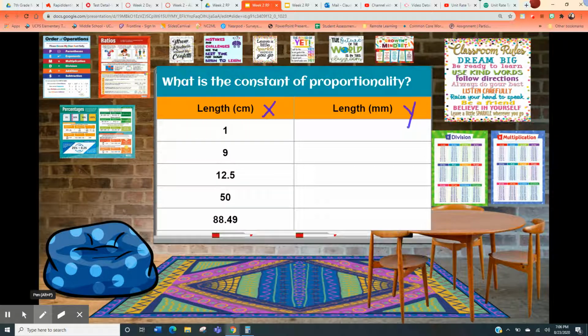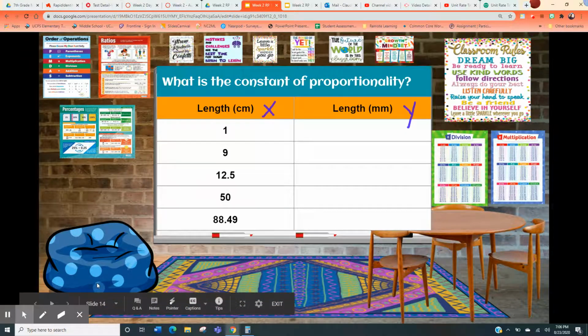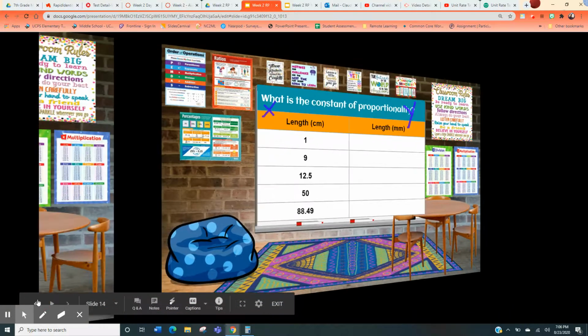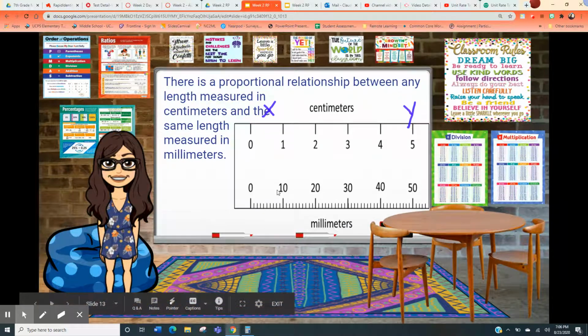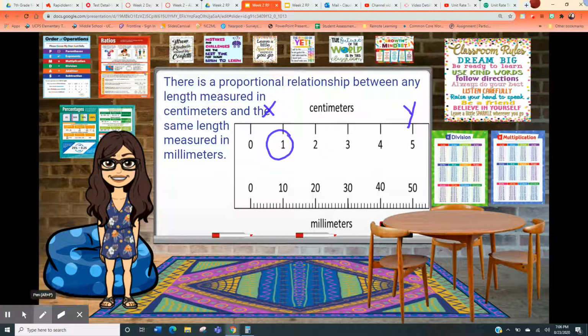But because we did our last problem, we know that for every 1 centimeter, it was 10 millimeters.